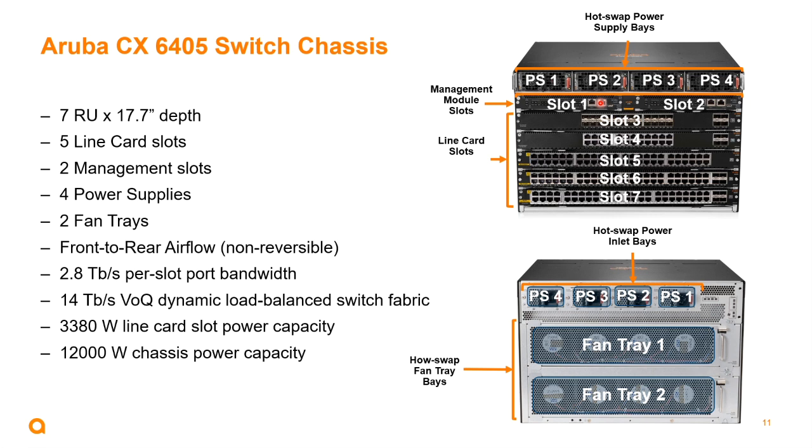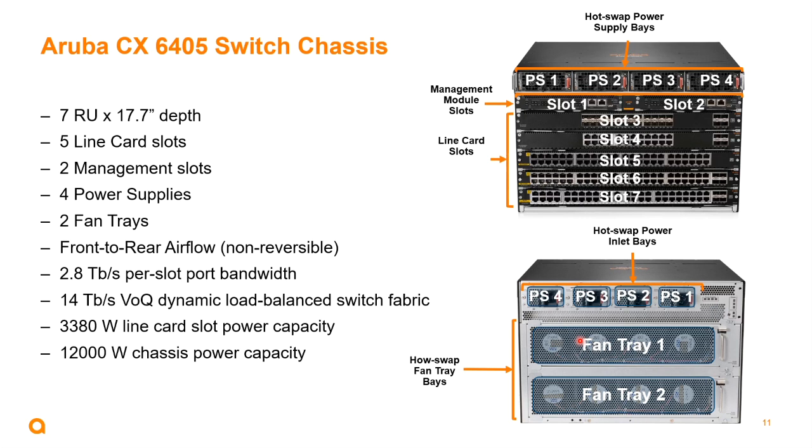Then line card slots start at slot 3, numbered all the way down to slot 7, including 5 line card modules. To the rear we have 2 fan trays that are also hot swappable. Just to mention that the cooling goes from front to back, so it goes from port to power effectively.